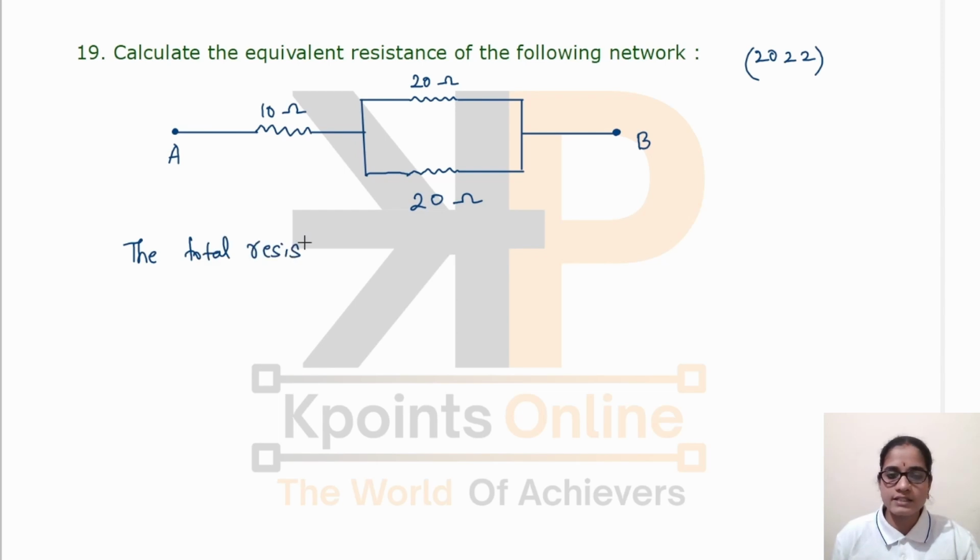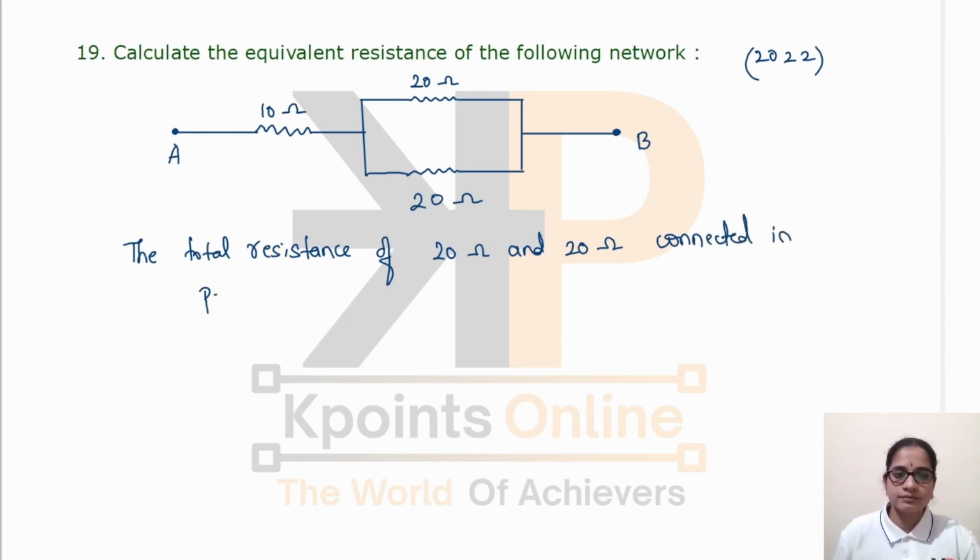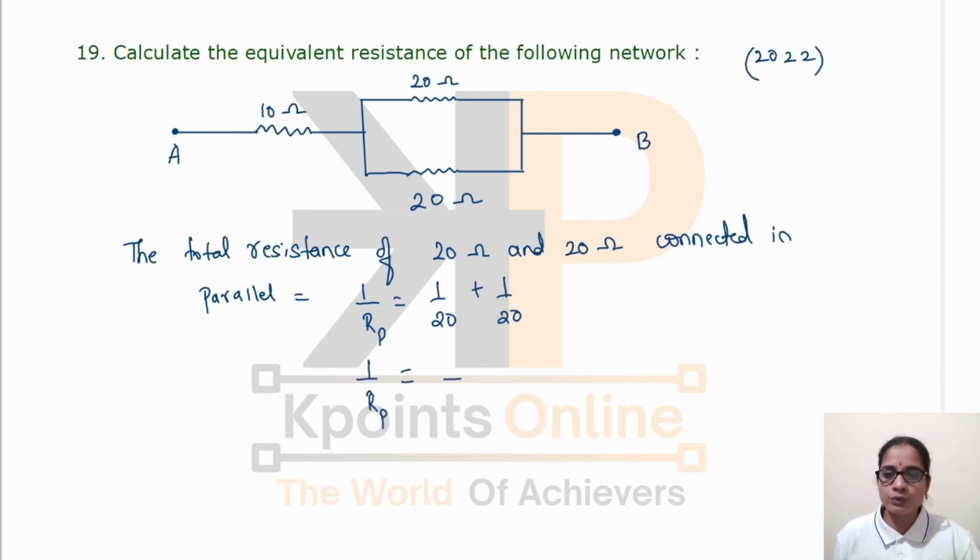The total resistance of 20 ohm and 20 ohm connected in parallel is given by 1 by Rp is equal to 1 by 20 plus 1 by 20. So 1 by Rp is equal to 2 by 20. So Rp is equal to 10 ohm. Rp is nothing but the total resistance of these two resistors.